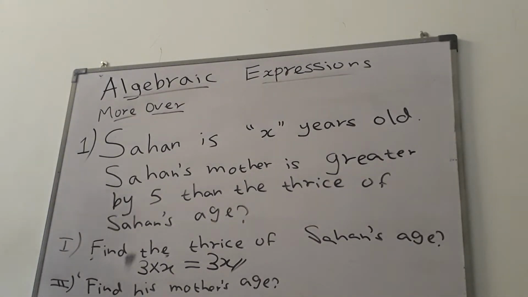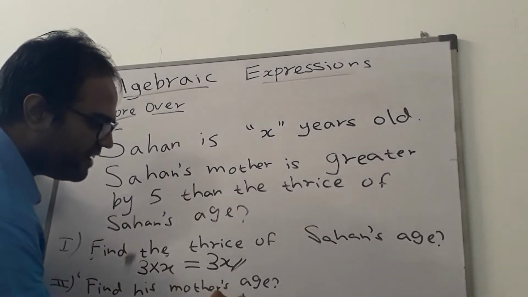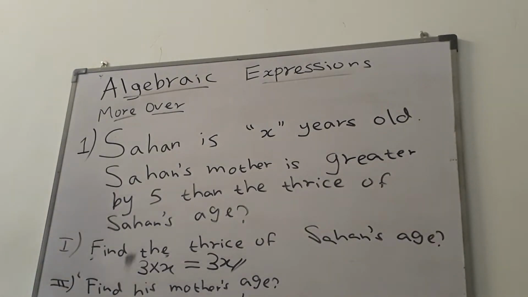Next, find his mother's age. Sahan's mother is greater by 5 than the thrice of Sahan's age. Greater by 5 means you have to add 5 to thrice of Sahan's age.